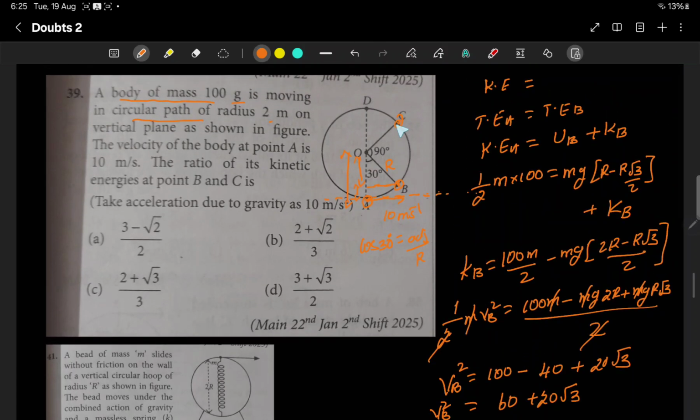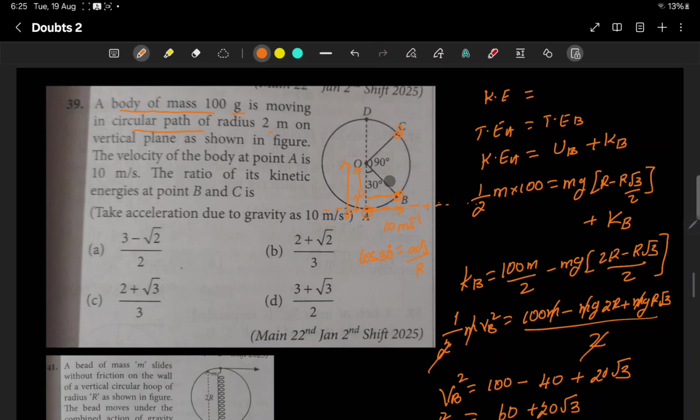We can find what is the velocity at C using the same strategy. If we use the same strategy, we need the total height here. This is at a height of this. Over here, this is radius, so r plus, we have to find what distance is this.